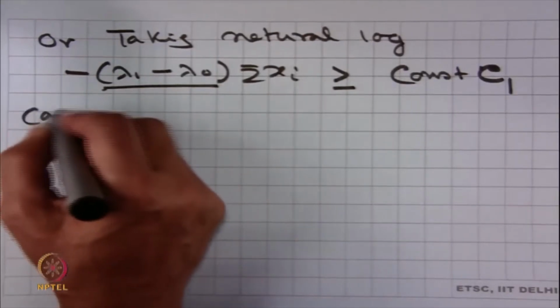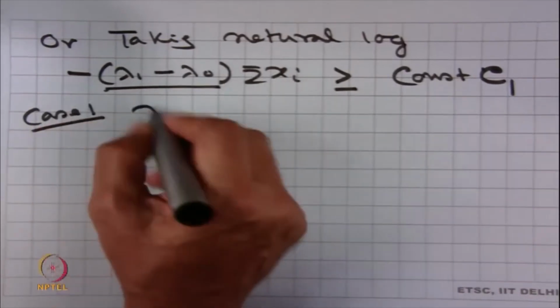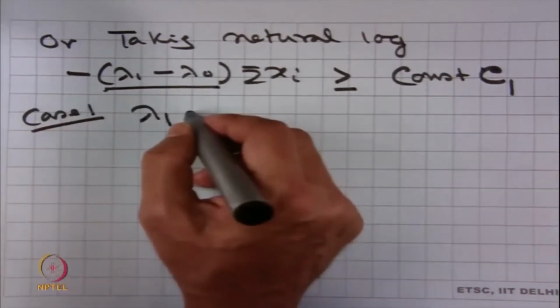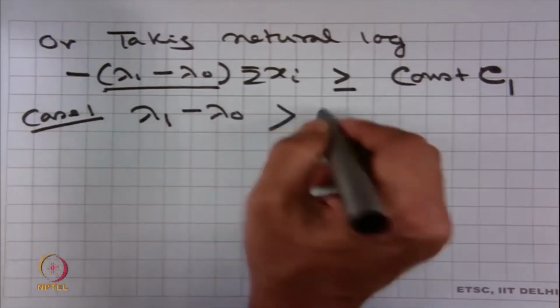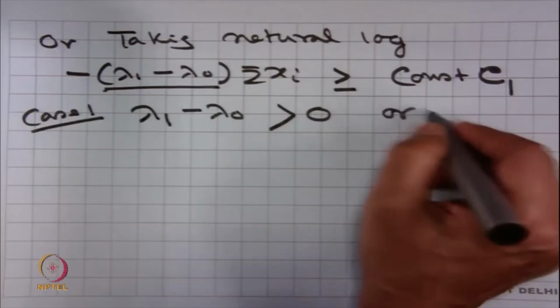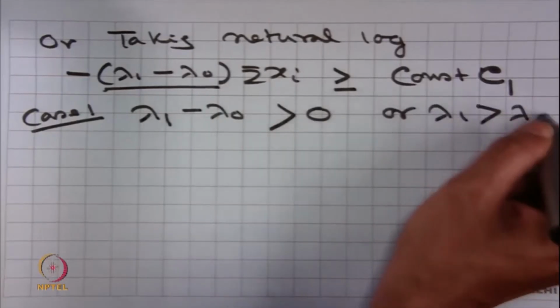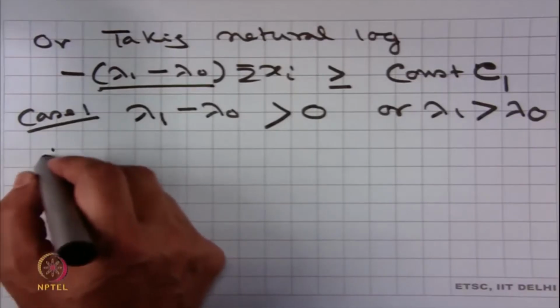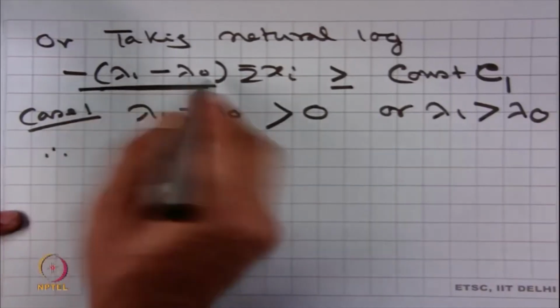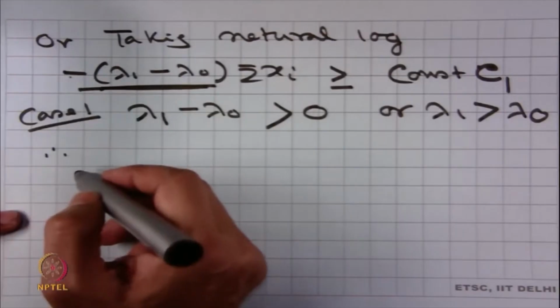So, case 1, lambda 1 minus lambda 0 is greater than 0, or lambda 1 greater than lambda 0. In that case, this term becomes negative with the minus sign.